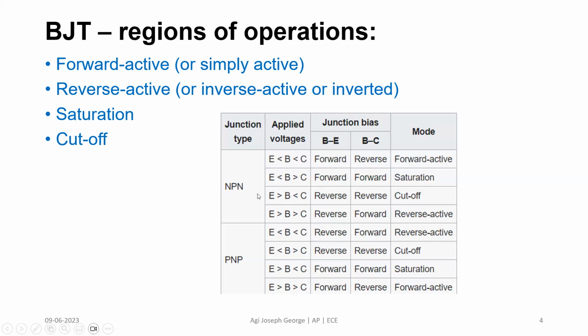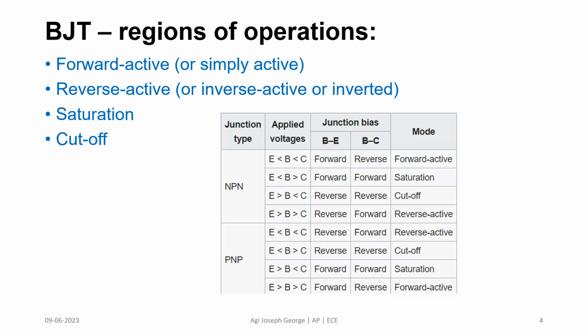Then you have the reverse active region, or inverse active, which is simply the opposite of the forward region. There, the emitter voltage should be greater than the base voltage. The emitter base junction should be reverse biased and the collector base junction forward biased.